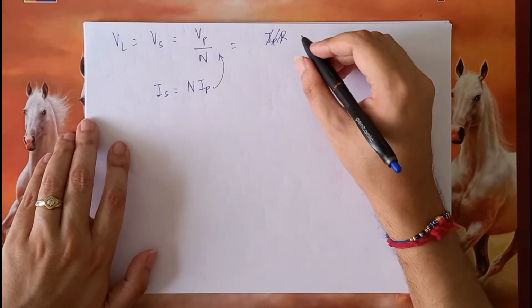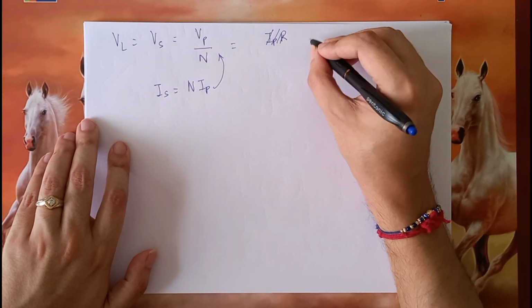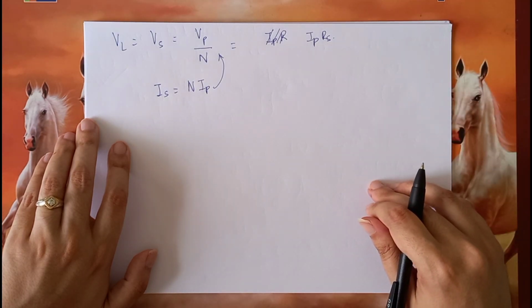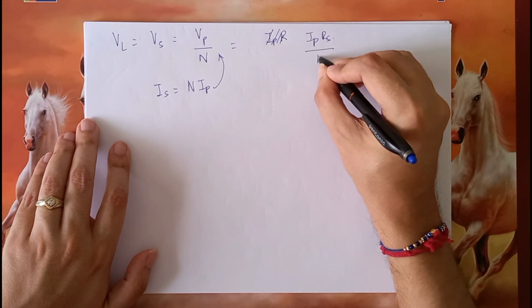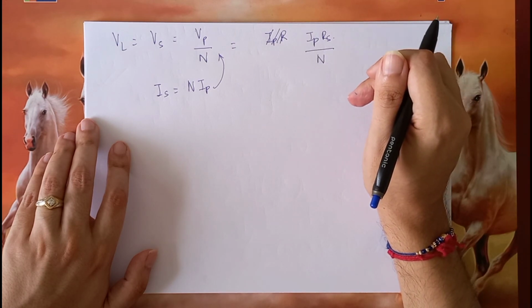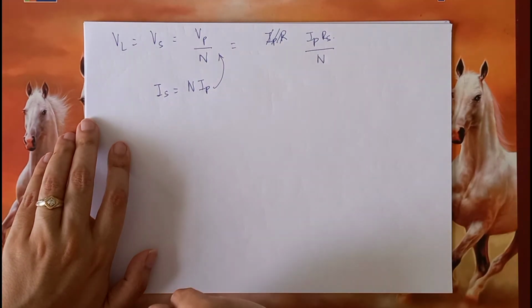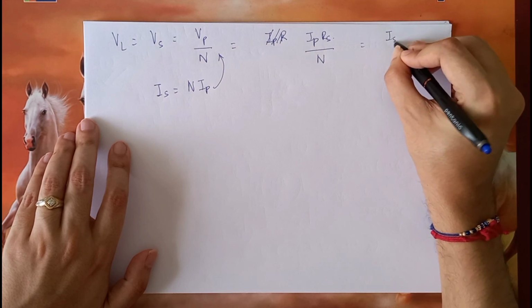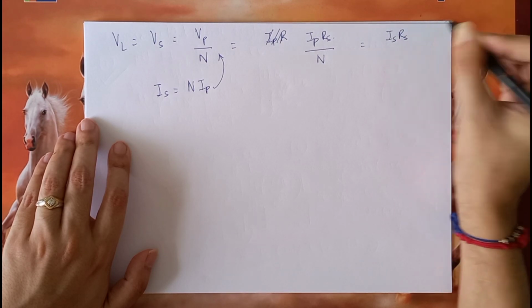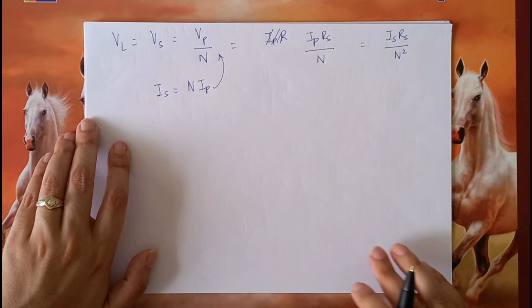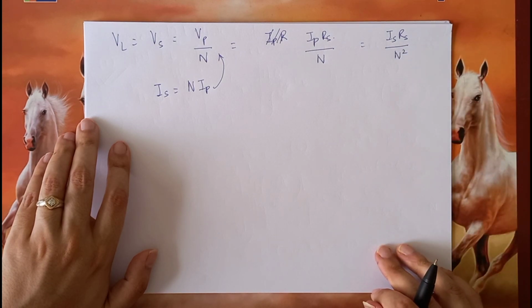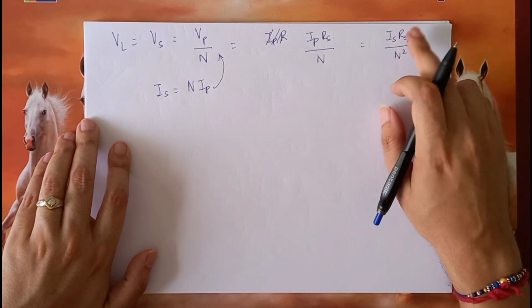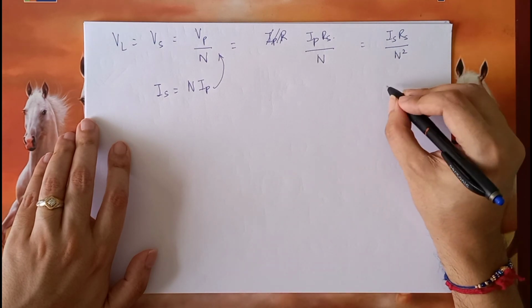The Vp is nothing but IP times Rs, and we have this N. And this IP we can write as IS by N. So this becomes IS times RS divided by N square.